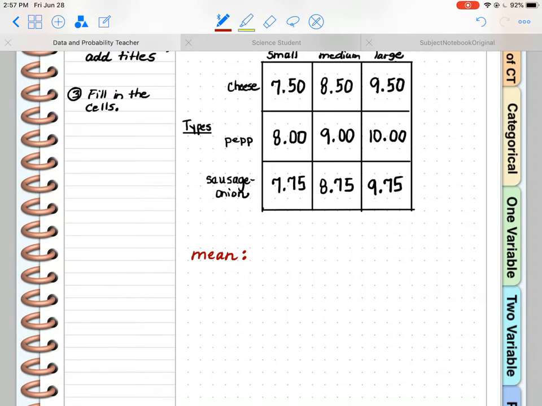But remember, to get a mean, we need to have this setup of adding up all the prices. And then I need to divide by the number of cells. And there were 9 cells. There were 9 choices that I can make of pizzas.